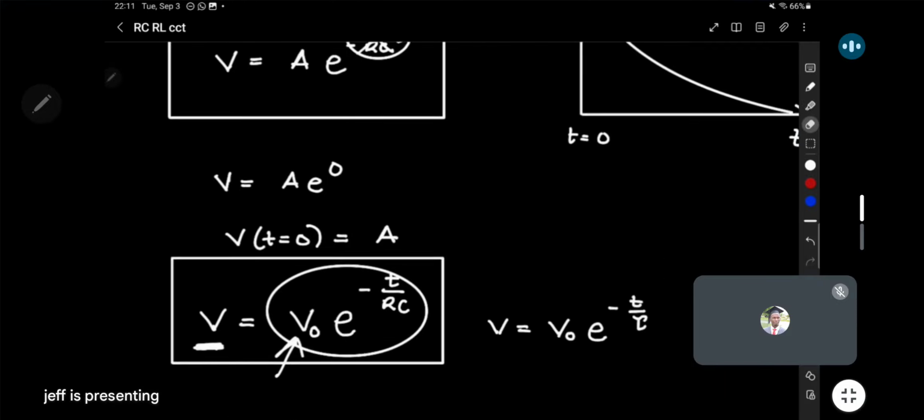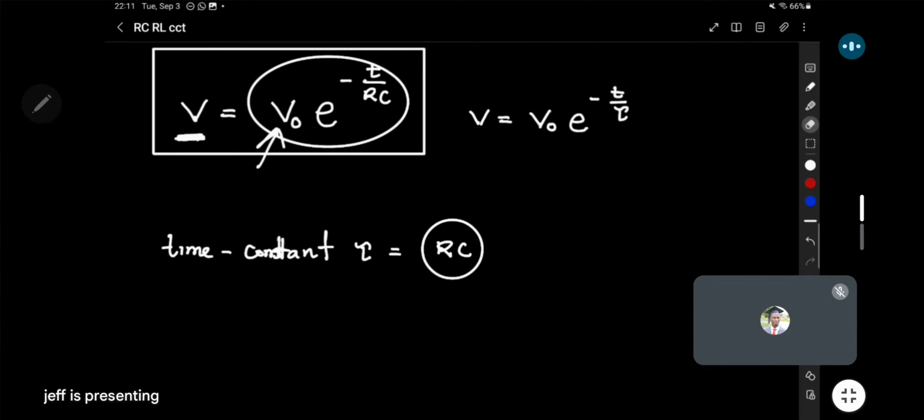This type of response, where the capacitor is just giving out what it has without any challenge from another external source being present, is the natural response. So this voltage we are seeing here refers to the natural response of the circuit. As we go on, in our later classes, we'll look at the forced response as well, and we'll see the difference between the natural response and the forced response at that time.